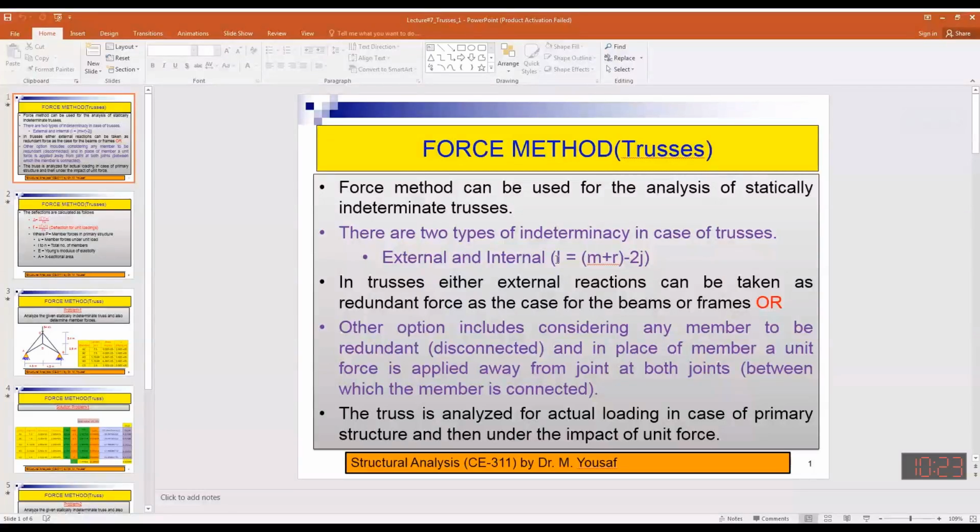Why is it 2? Because at every joint you have sigma Fx and sigma Fy. The axial force can be resolved into two components along the global x-axis and global y-axis, so there are two equations at the joint, for forces in the x direction and in the y direction.